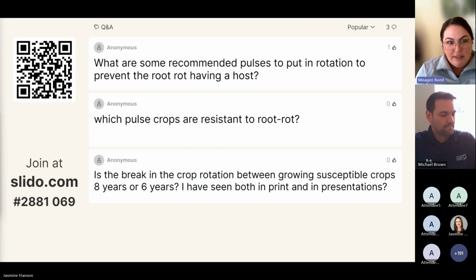So faba beans and chickpeas are resistant. Dry beans, there are some susceptible strains, there are some resistant strains. I think Mike's our dry bean expert, but the type of dry beans we grow in the province are resistant, correct, Mike? The black bean that we grow typically? For the most part, yeah.